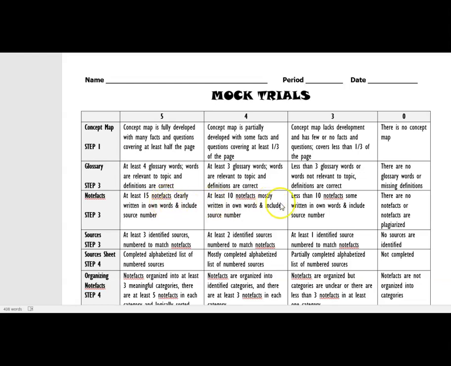But what I'm saying in terms of effort is you can make the effort to do well on this project, okay? And then if you do 3 different websites, you're going to get your 5. If you do at least 2, you'll get 4. And if you do at least 1, you'll get 3. So what I will tell you is that this trial, this project, moves forward.